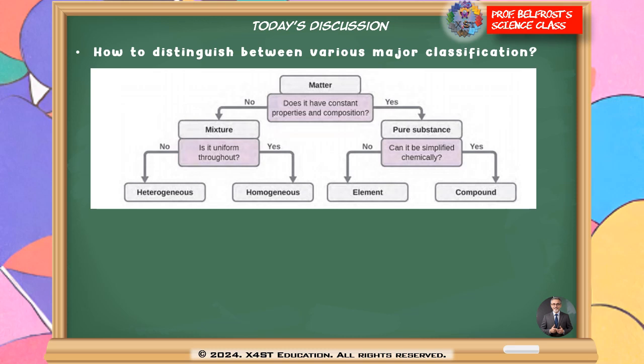So this is the summary of how to distinguish between the various major classifications. I want you to take a screenshot of this because this is the point of our lesson today. Matter: does it have constant properties and composition? If yes, then it is a pure substance.